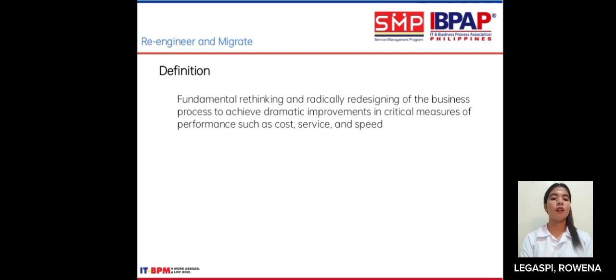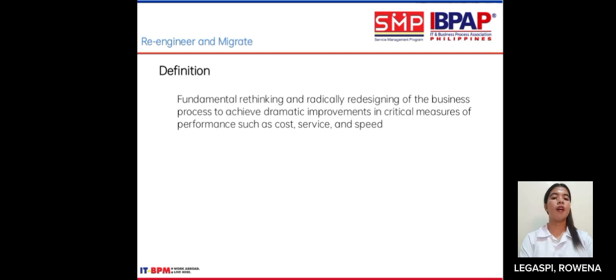and speed. Cost improvement involves finding more efficient and cost-effective ways to carry out processes, reducing expenses, and optimizing resource allocations. Service improvement entails enhancing the quality and levels of service provided to customers, clients, or stakeholders. Speed improvement aims to reduce the time it takes to complete a process, enabling quicker response times and delivering results more rapidly.